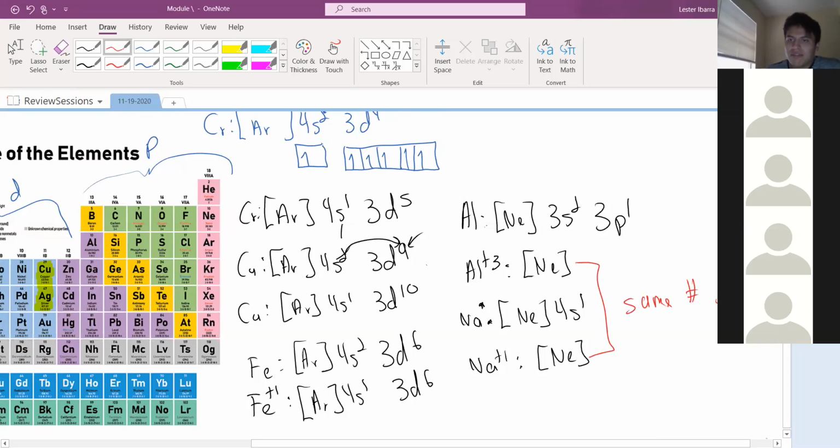And what do we call it when they have the same number of electrons? Isoelectronic. Pretty close. That's what these two are, isoelectronic. So just in case you didn't know before, that's what it means to be isoelectronic.